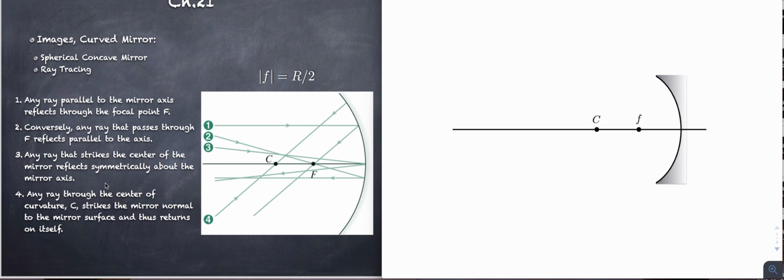So the first thing we're going to do is place an object. So here I have an object, this is my object O. When you're doing this on quizzes or exams, it'll be very beneficial to have a transparent straight edge or a ruler.